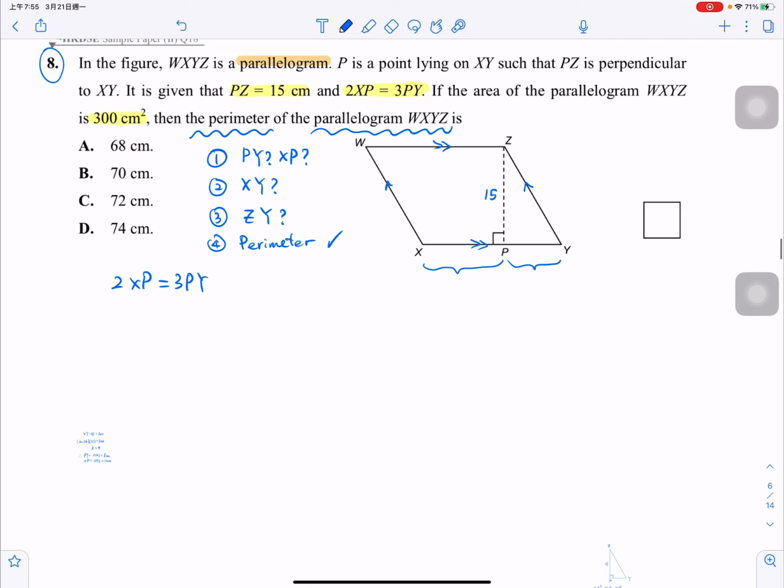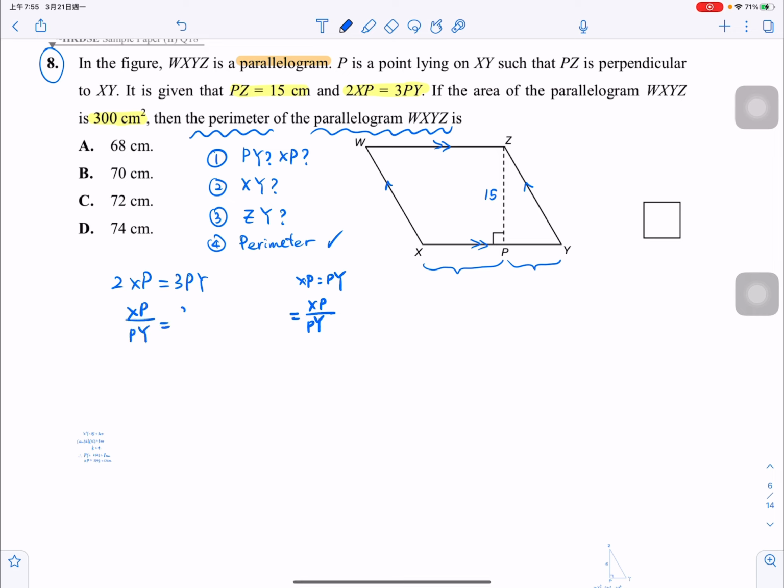So let's start. 2XP equals 3PY. Do you know how to solve it? Remember, try to think: if you want to find XP to PY, that means you need to find XP over PY, right? So how to rewrite it? XP over PY equals what?